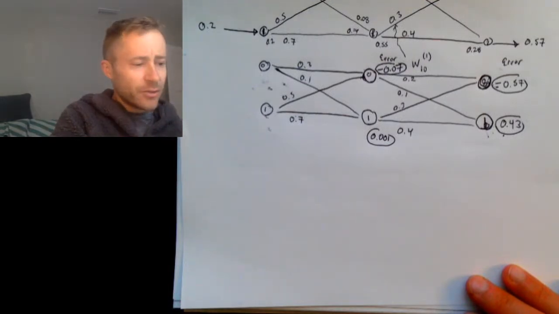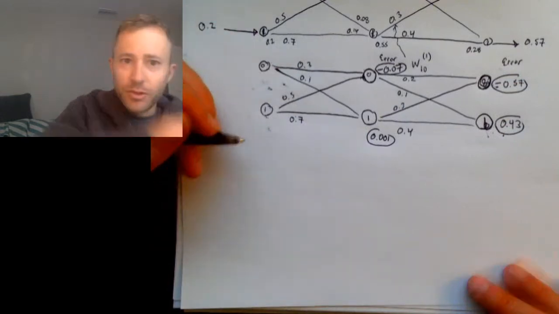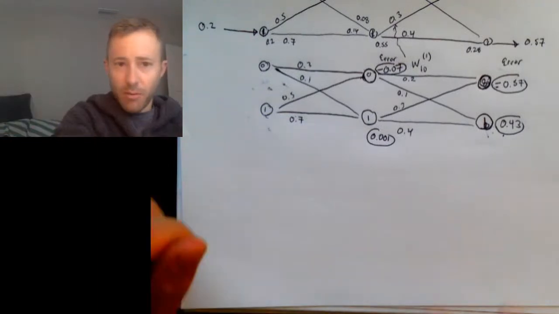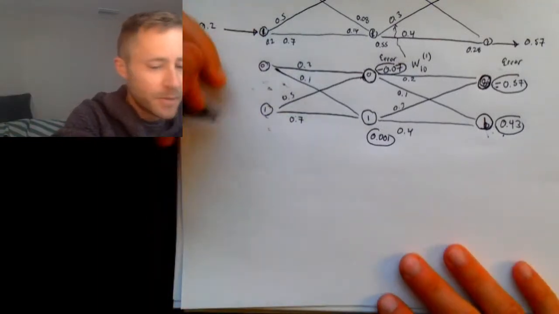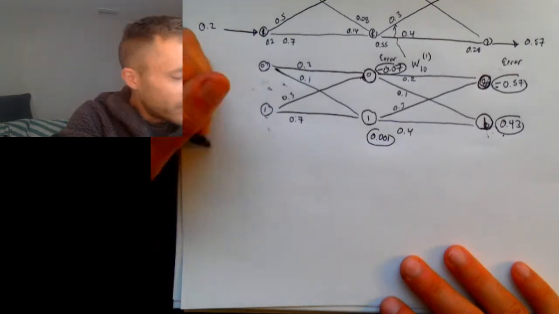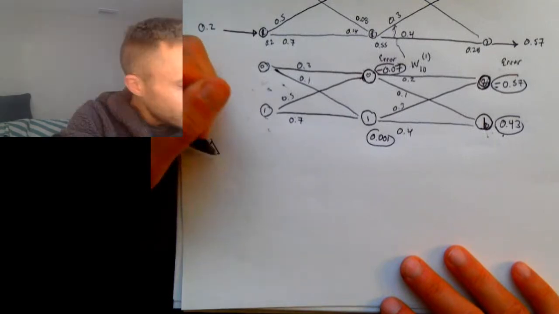But the whole idea is we're trying to minimize the error. You can imagine that's a very calculus-y problem. It's a minimization problem. And so there's a formula for how each link weight is going to change.